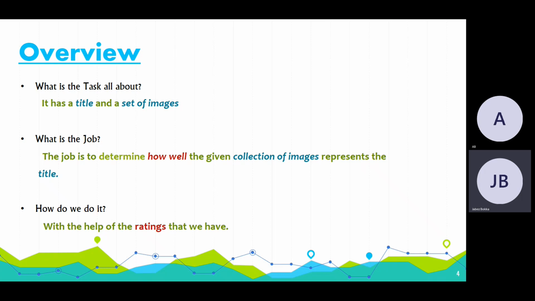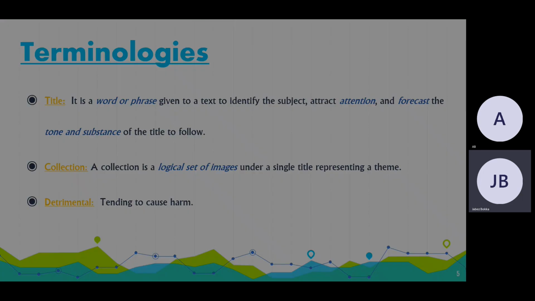The given collection of images should represent the title, and we need to check how well they both are related to each other. And how do we do it? We do it with the help of ratings. Based on the relation between the title and the set of images, we give a particular rating to that particular title or to that particular query.